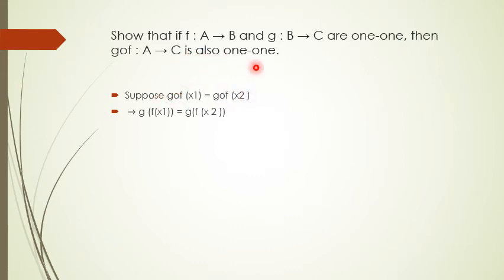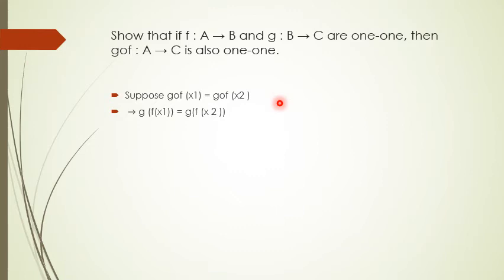I think you know how to prove a function is 1-1. How? To prove a function f is 1-1, first we assume that f of x1 equals f of x2 for all x1, x2 in the domain of f.